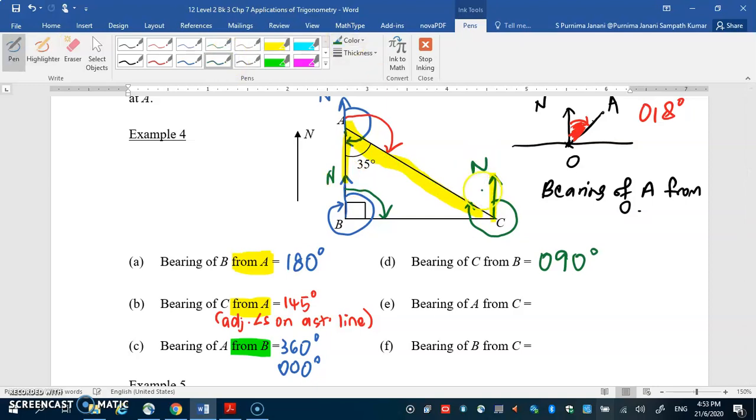This angle is 35 degrees because of alternate angles, and hence this angle we're looking for over here is just 360 minus 35 degrees, which will give you 325. And the reason is alternate angles and angles at a point.